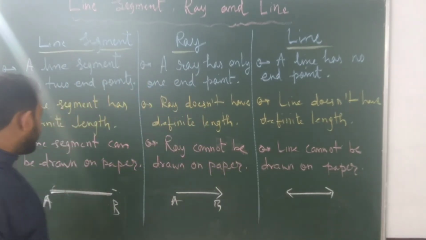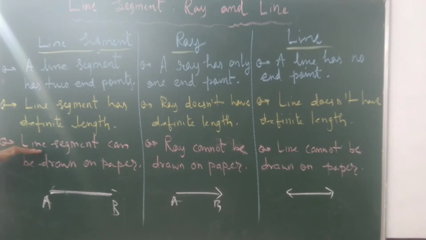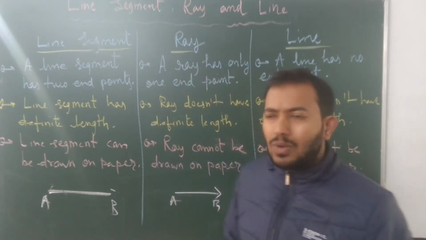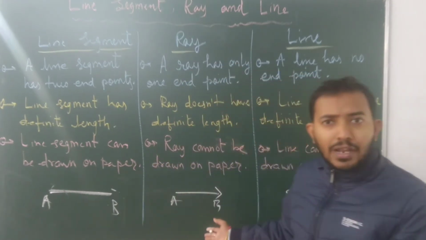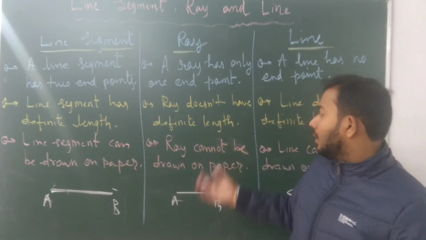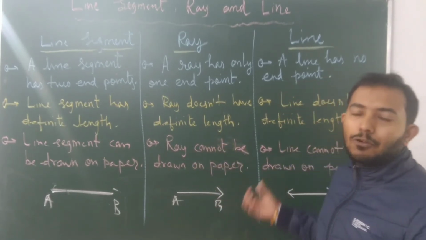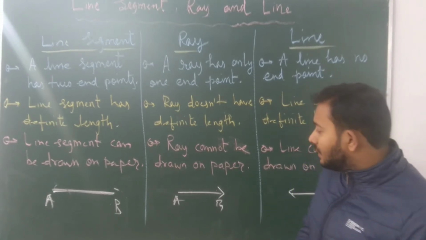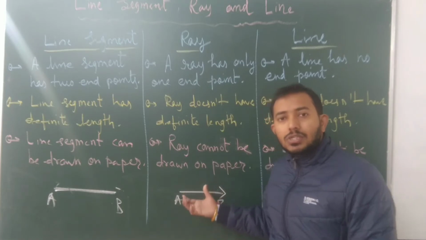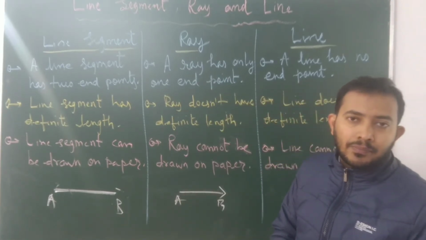Next one, a line segment can be drawn on paper. Yes, definitely a line segment can be drawn on paper. And what about, sir? Already you have drawn the ray on the board. So why have you written here that a ray cannot be drawn on paper and a line cannot be drawn on paper? As you can see here, we have taken just a small representation of a ray.